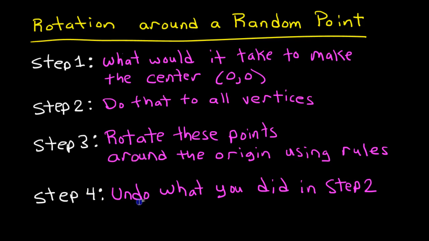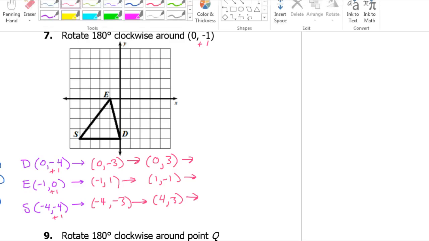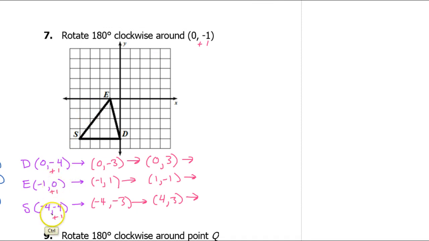Okay, now step 4, undo what you did in step 2. In step 2, we added 1 to all the y values. So I'm going to undo that by subtracting 1 from all the y values. All right, and this will be my final answer, so I'm going to go ahead and call this D prime.